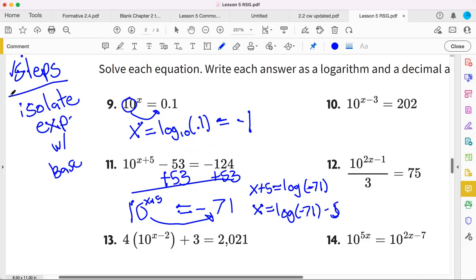And if you crunch this number, it's going to claim it's not a real answer. And isn't that upsetting? Such a shame. It totally works when you plug it back in. If you're not convinced, really think about it. But for here, say it's not a real answer because your argument's negative.